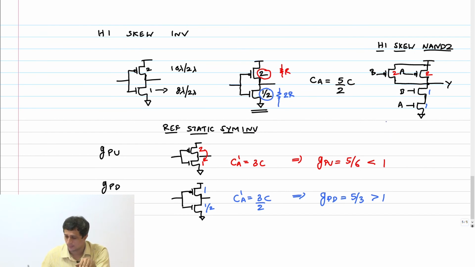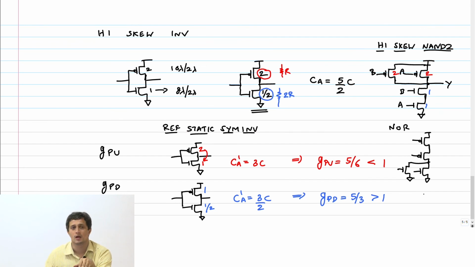What about a high skew NOR? What should be the size of my PMOS? 4, 4.